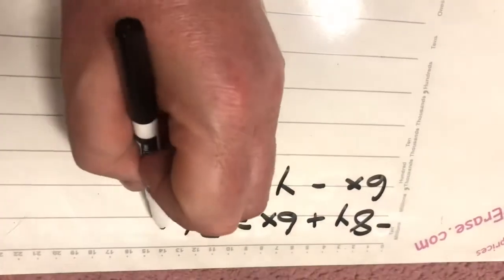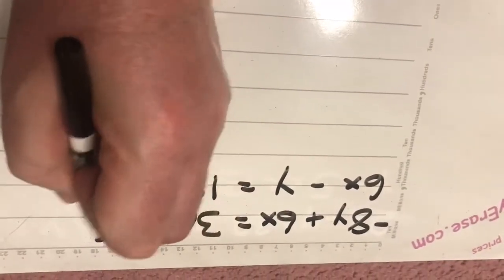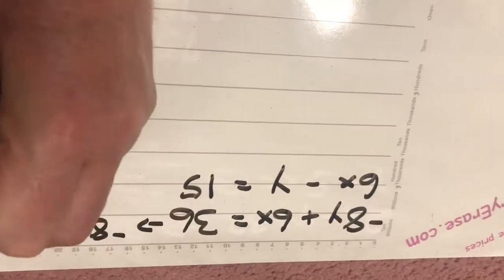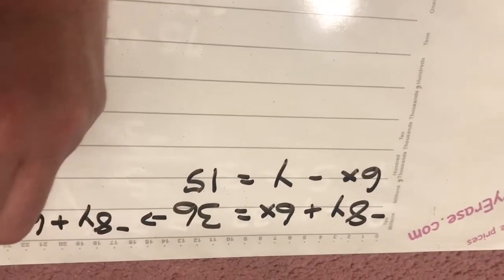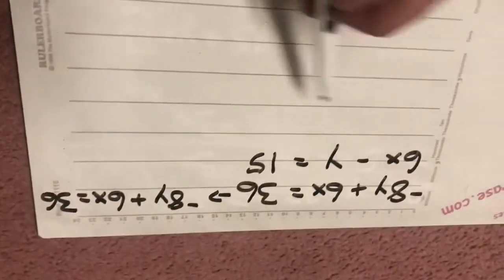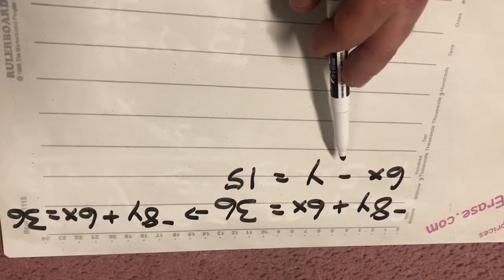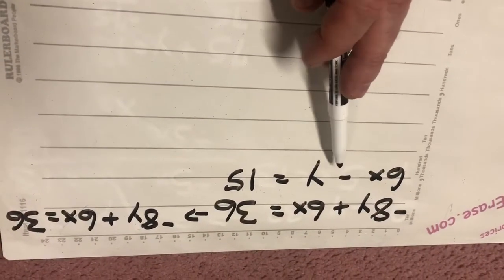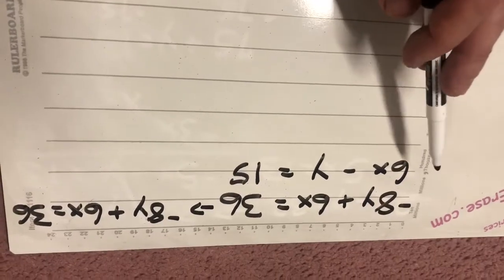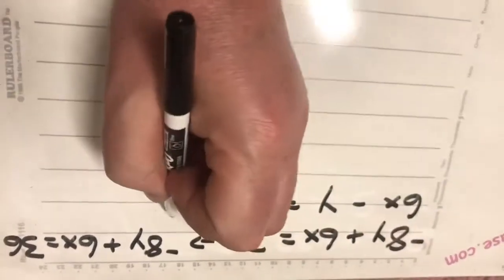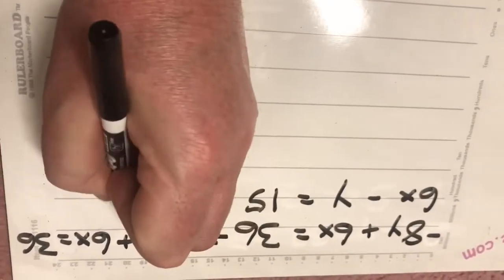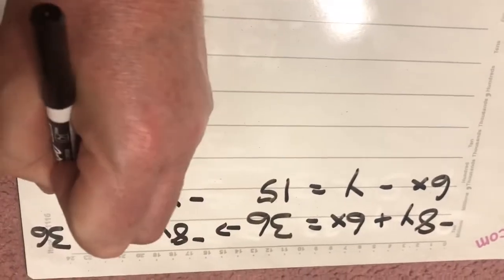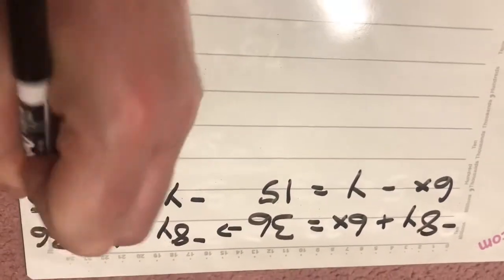So once again, I'm just going to keep this first one the same. Negative 8y plus 6x equals 36. I'm not going to mess with that one. That one's going to stay the same. This one is going to become negative y plus 6x equals 15.